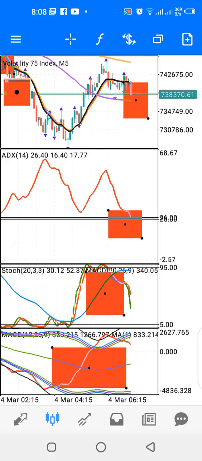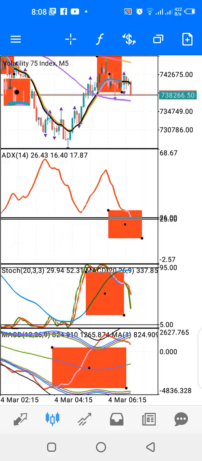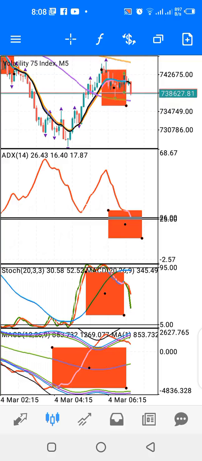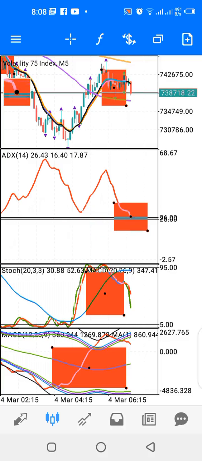Price may continue to range, and when it is ranging, you can hardly tell if it is going to come down or go up.